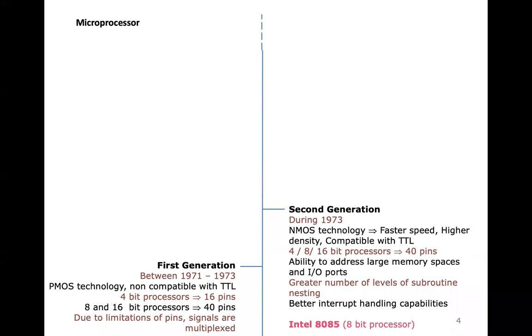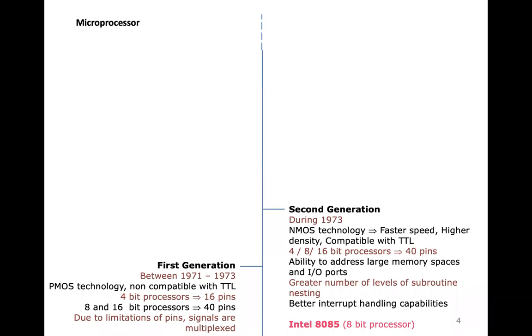The first generation is the 4-bit processor, and the second generation is the 8-bit processor. 8-bit means 8 bits of data at a time incoming and outgoing, and 4-bit means 4 bits pass at a time, for example 0 1 1 0. This is 4-bit data, and 8-bit means 8-bit data.